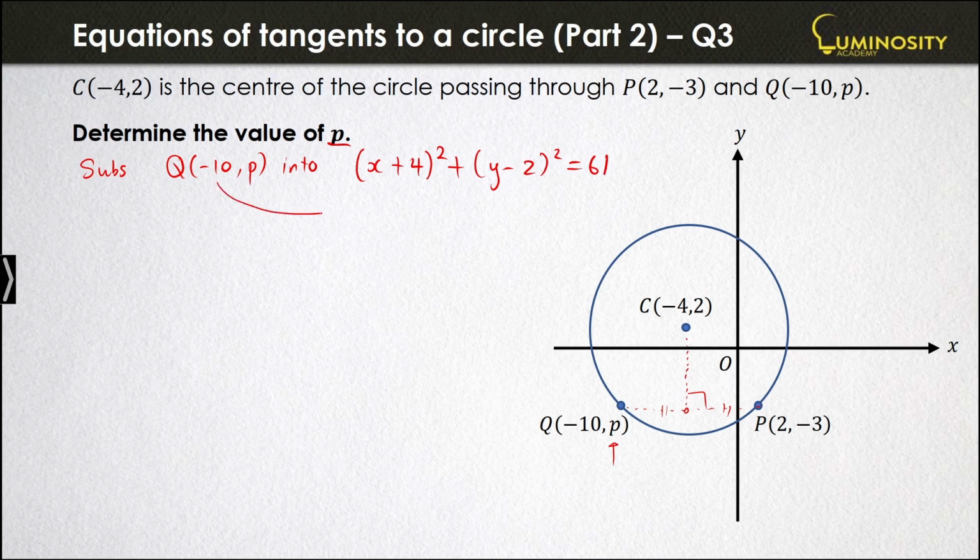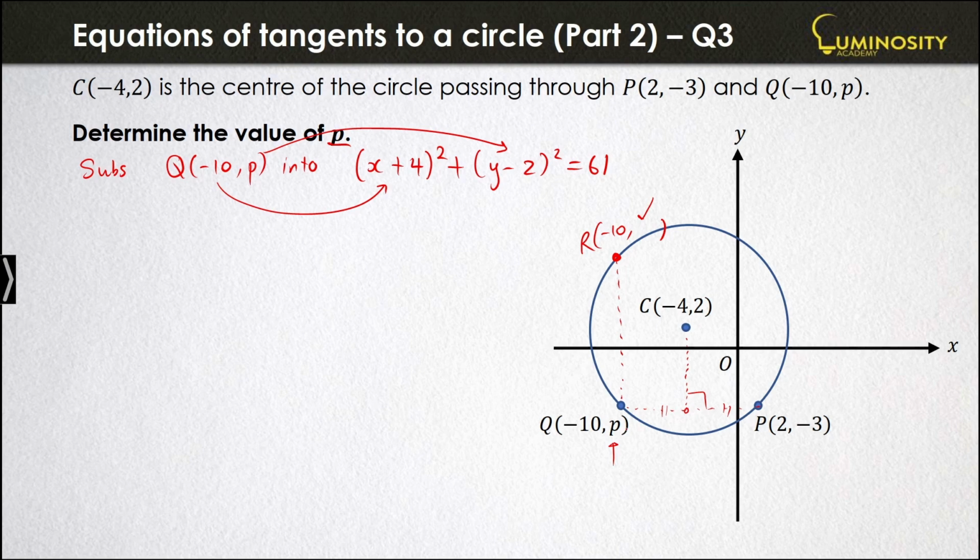You're going to substitute x as -10 and p as y. When you put in -10, you're going to expect algebraically two answers, and geometrically there will be a third point, R, with the same x value of -10 but a different y value. So we're expecting a positive and a negative value when we solve for p. And from context, we're going to look at the negative value.